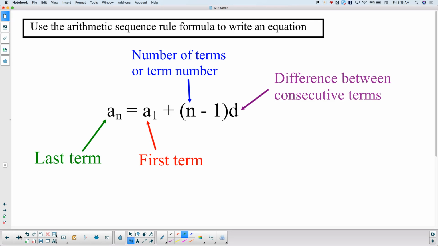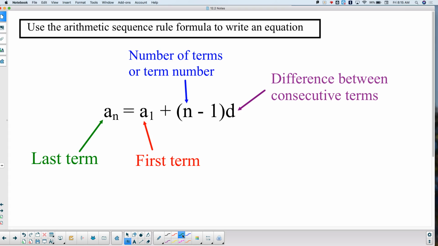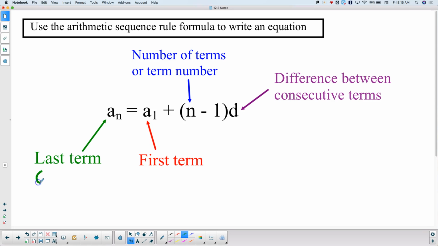The last term, or really any term, the term that you're looking for, is equal to the first term plus the number of terms, or the term number of what you're looking for, minus 1, times your common difference.